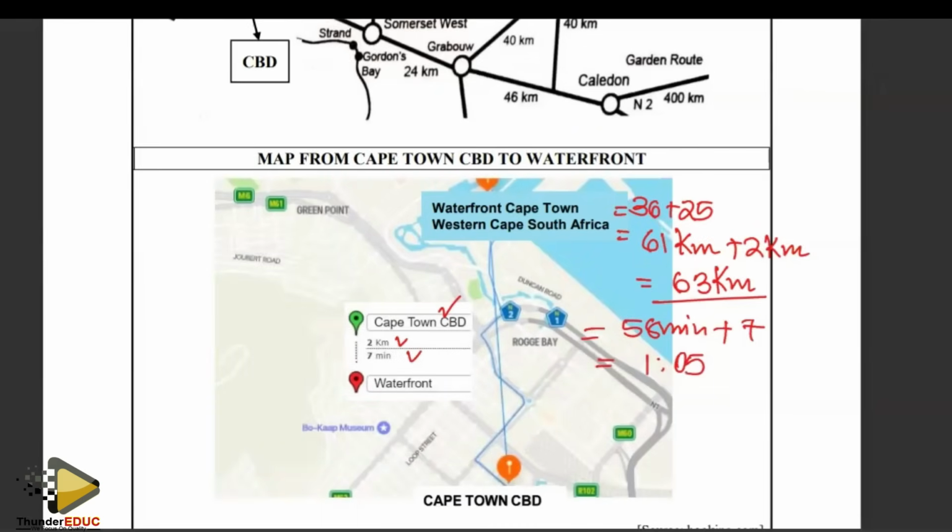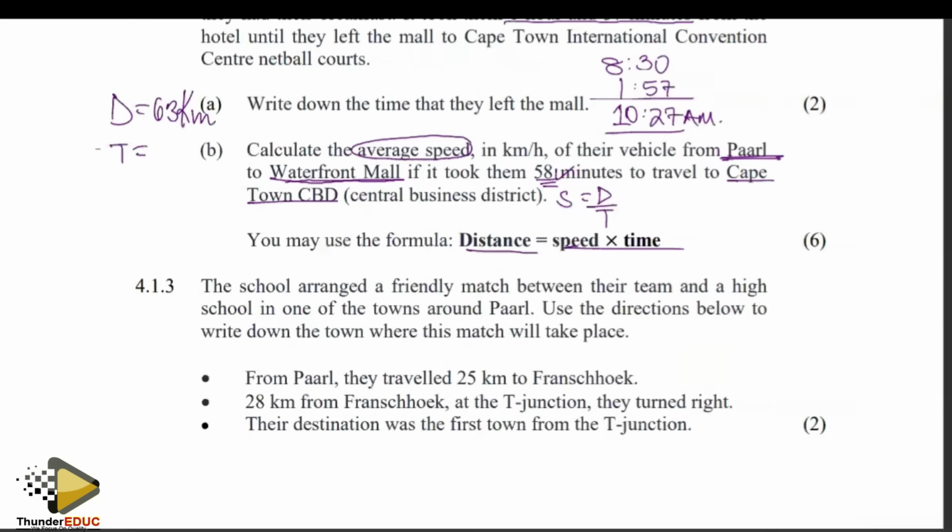1 hour, 5 minutes. This has to be changed to hours because the speed that we need is going to be kilometers per hour. So how do we change that to hours? We shall divide. 58 plus 7, you end up having 65 minutes.